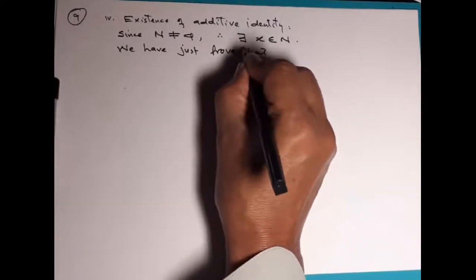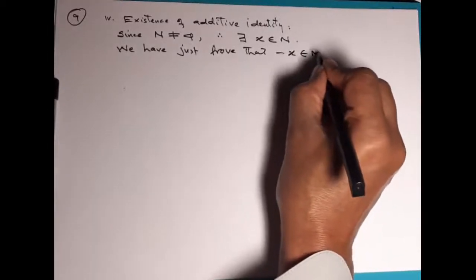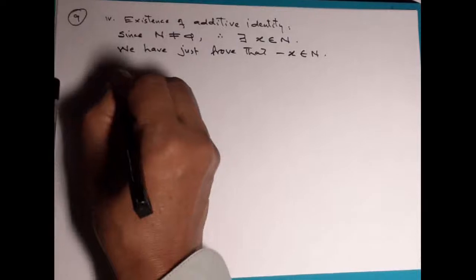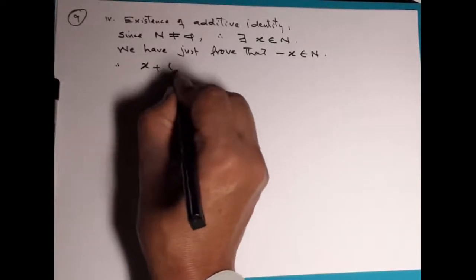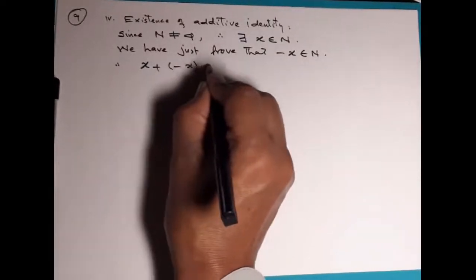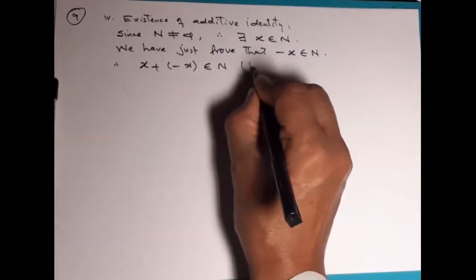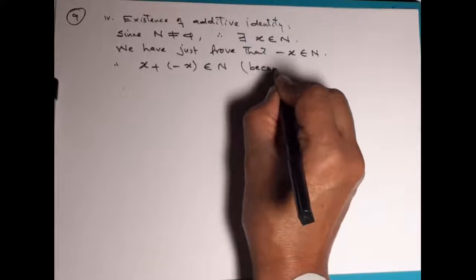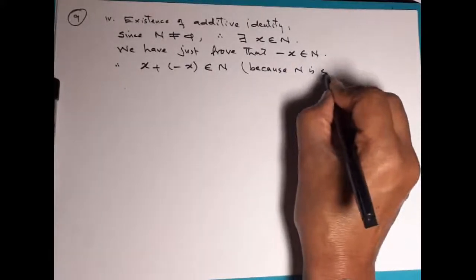if x belongs to N, then minus x belongs to N. And therefore, if x belongs to N and minus x belongs to N, then x plus minus x belongs to N, because N is closed under addition.